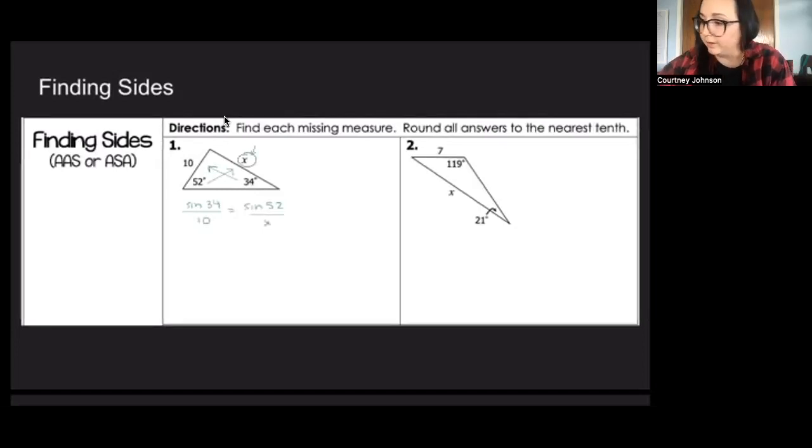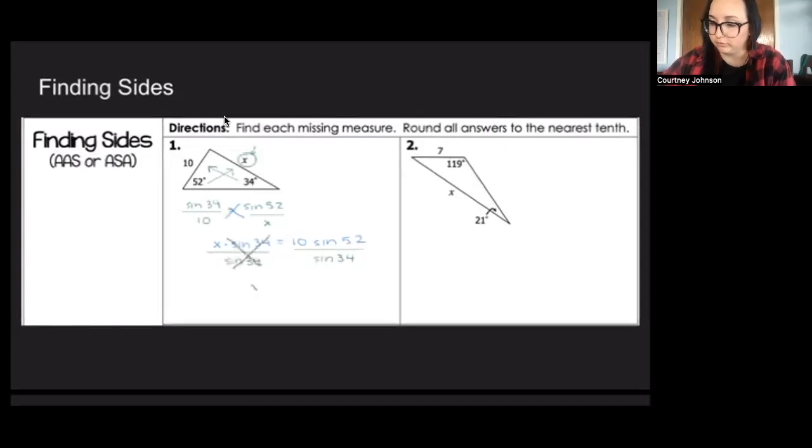Okay. Now we can cross multiply, and we get x times sine of 34 equals 10 times sine of 52. And how do we get that x by itself? Just pretending like it's a normal number, we can divide by the sine of 34 because that x is just multiplied by it. So if we divide by it, it should nicely cancel that sine of 34 out.